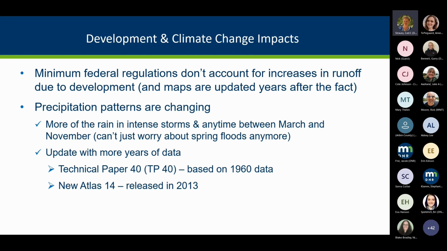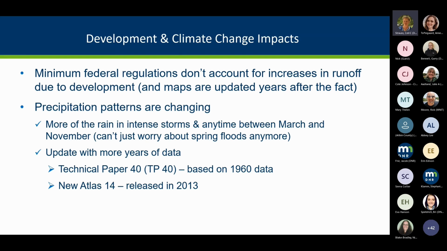The other thing to consider is that even the information on the historical rain and precipitation patterns, we've got better data over time. Many of the older maps were based on data from this Technical Paper 40, which came out in 1960 and was based on historical data before 1960.